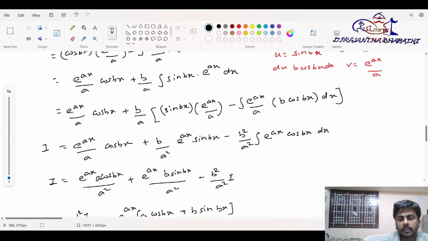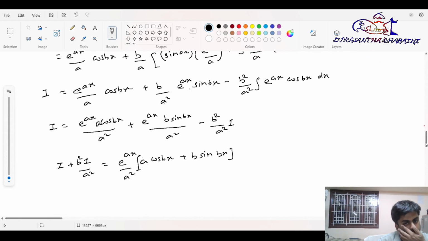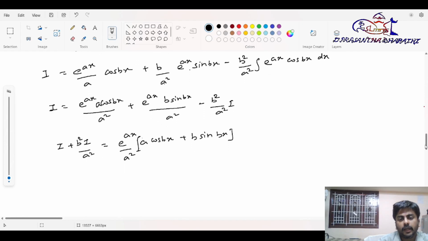Have you understood this, how this is becoming b by a square e power x and bx minus b into b is b square by a into a is a square, integral e power x cos bx. So that is why you are having b square by a square into I.